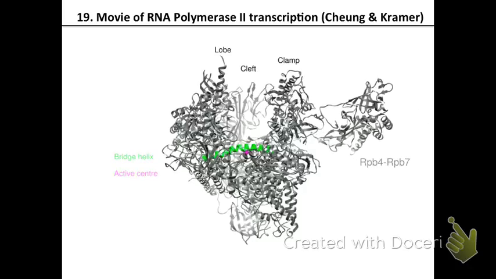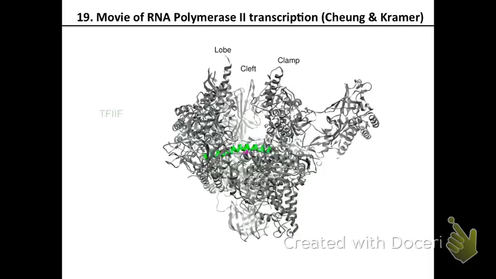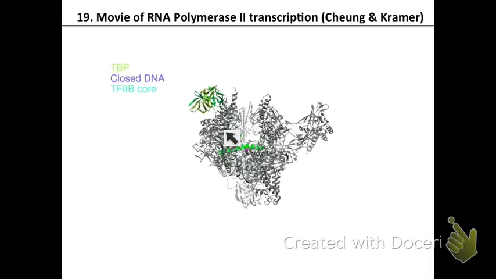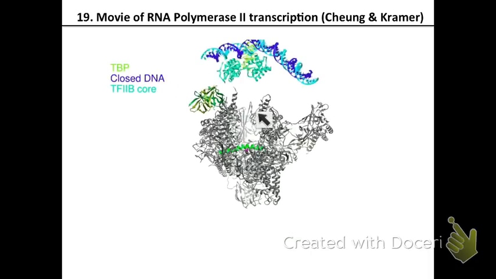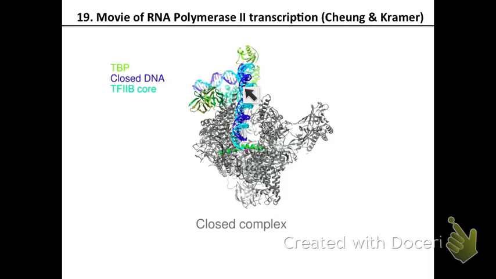Come on. All right. So this is a movie that is made from the crystal structures of all of the RNA polymerase subunits that are so far crystallized. So this is the RNA polymerase itself without the DNA. Okay, so you have the RNA polymerase here. And what you have here is the TBP protein bound to the DNA that is the blue here, right?